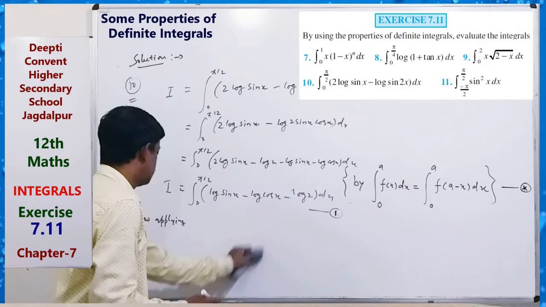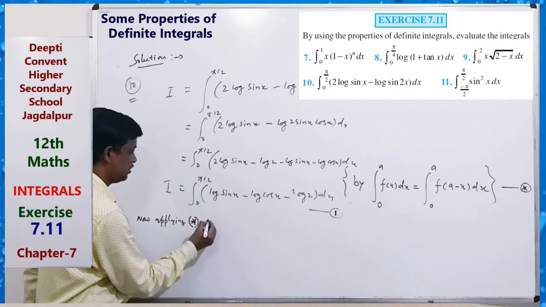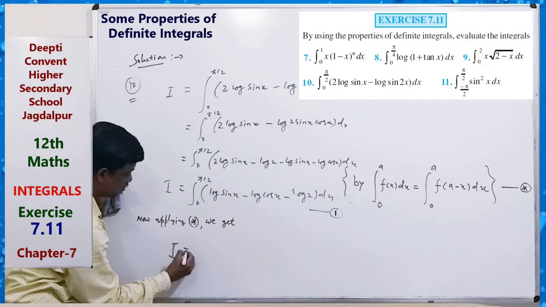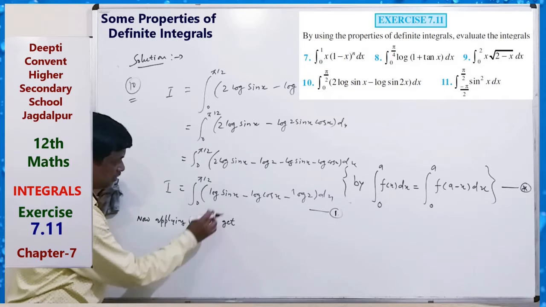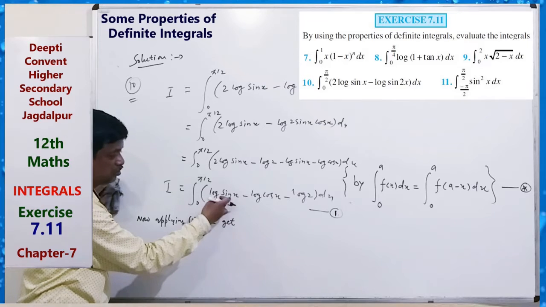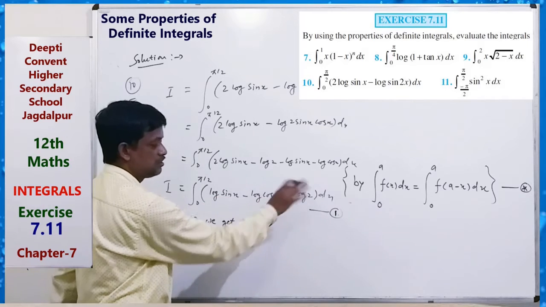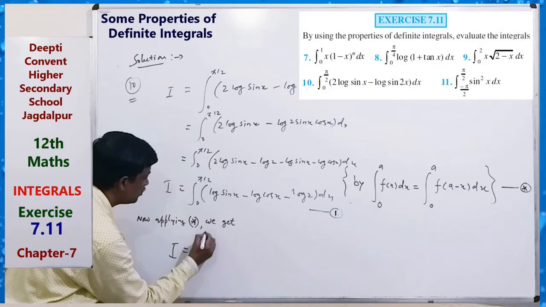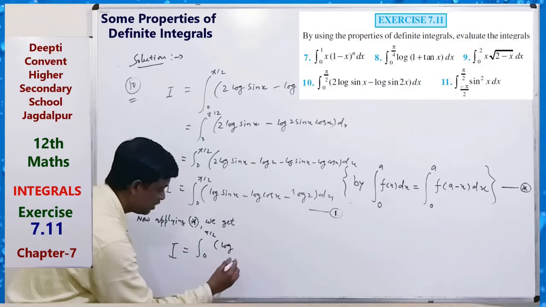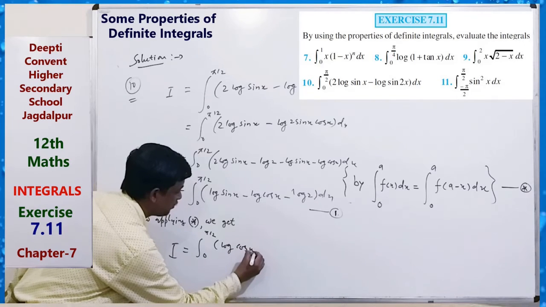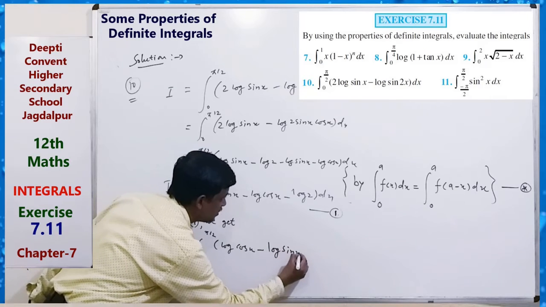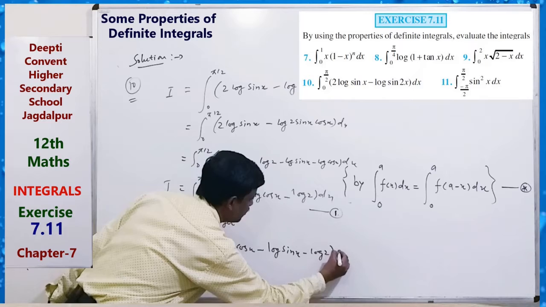Applying star, we get I equals, with sin of 90 minus x becoming cos and cos becoming sin, the integral from 0 to pi by 2 of log cos x minus log sin x minus log 2 dx.